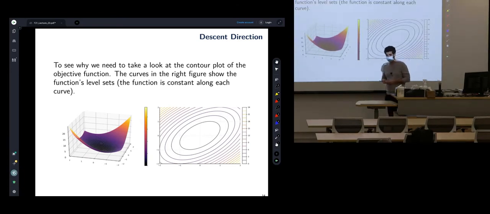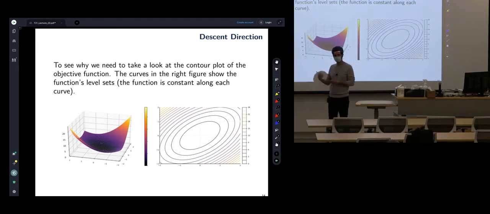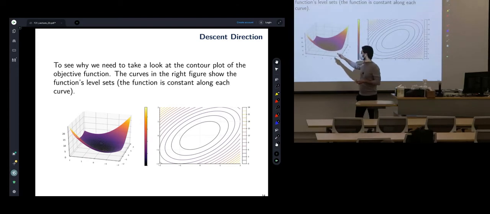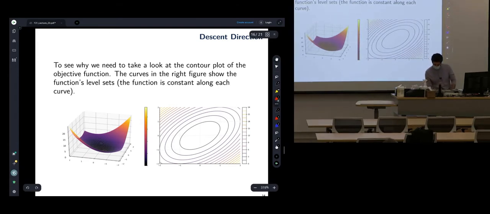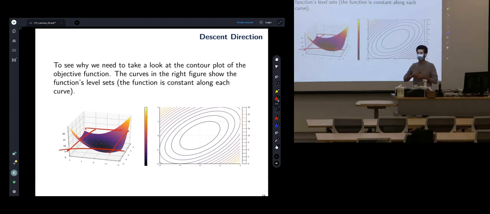the contour plot. Contour plot, if you've seen maps, topography maps, right? Grab your function at every height here, right? Define a plane that will cut your function. It'll give you a curve.